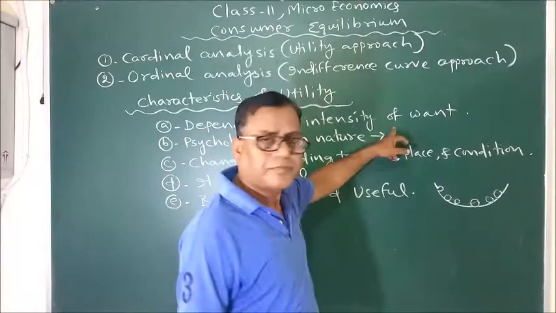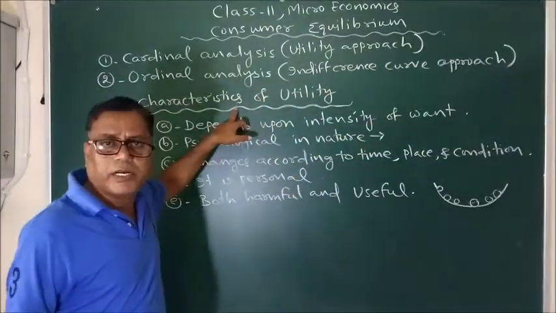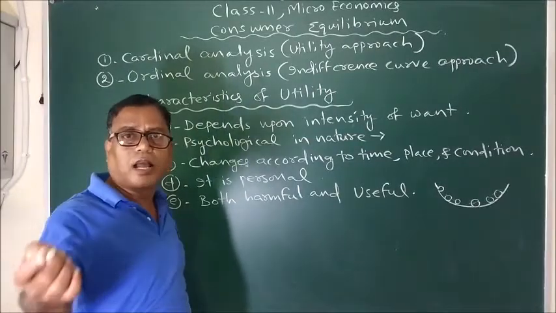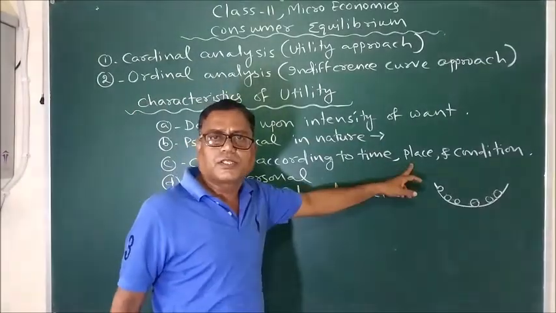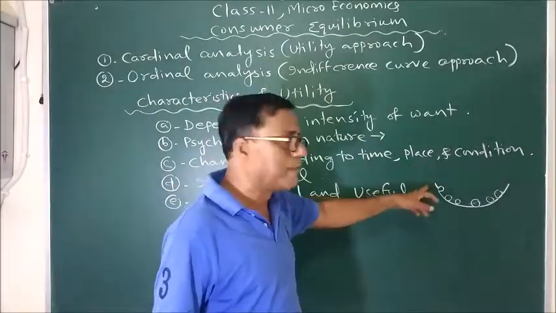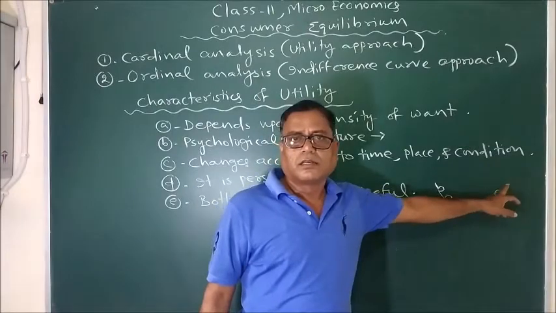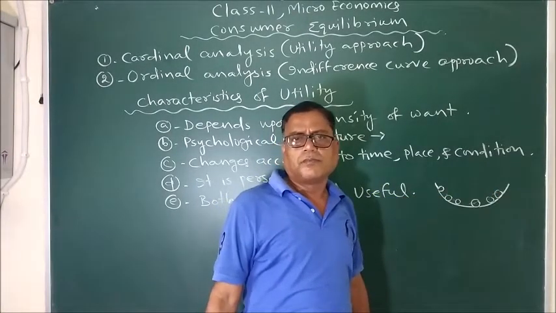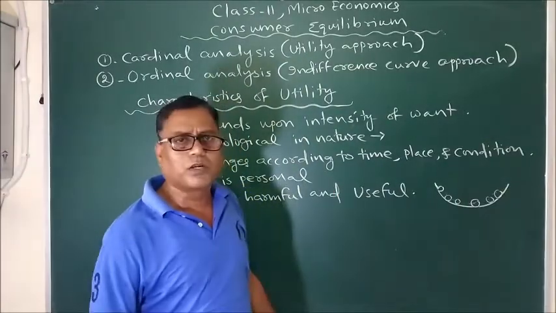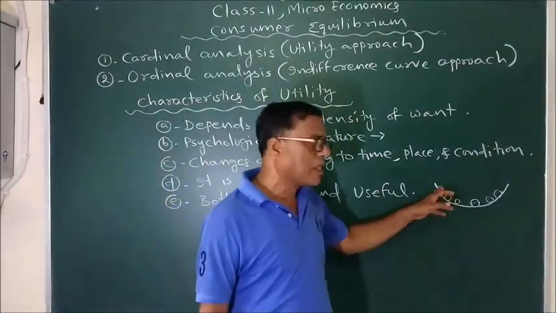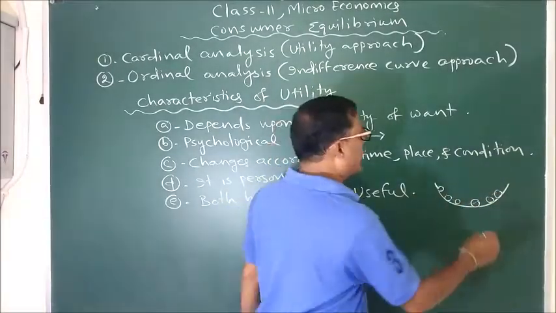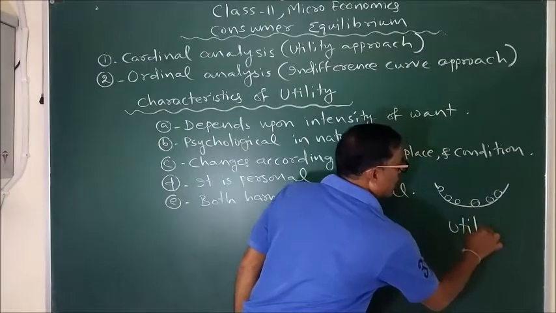In the same way, according to cardinal utility theory, when we consume something and as a result we derive satisfaction, we can express the amount of satisfaction that we derived from the consumption with the help of a number and a unit. The number could be any natural number like 1, 2, 3, 5, 8, 10, etc. And the unit that we use with the number is util, UTIL.